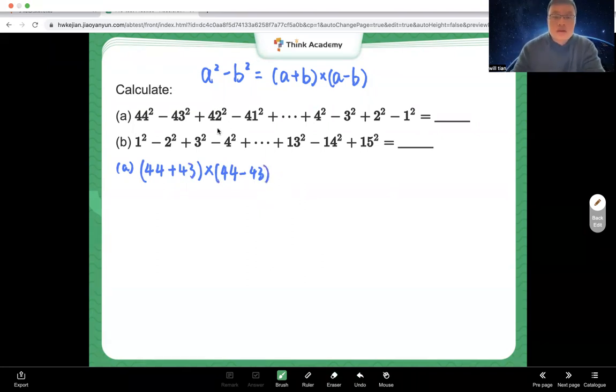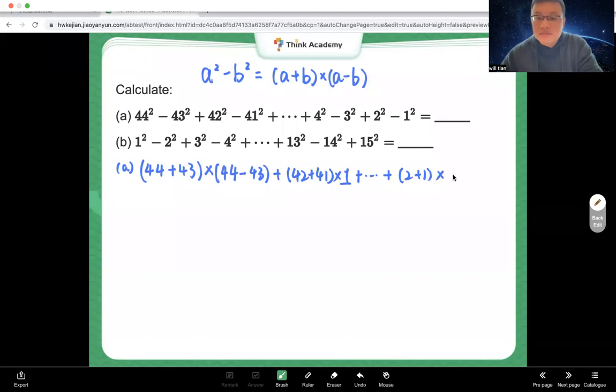And actually for 42 and 41, when you do the sum, that will be 42 plus 41. But when you times by the difference, 42 minus 41 gives you 1. So you can just times 1 there. And all the way, guys, to the last 2, right? That will be 2 plus 1 times by 2 minus 1, and 2 minus 1 will be 1.